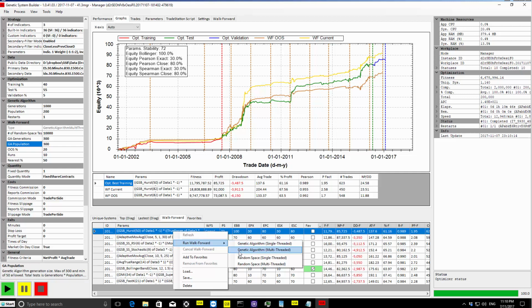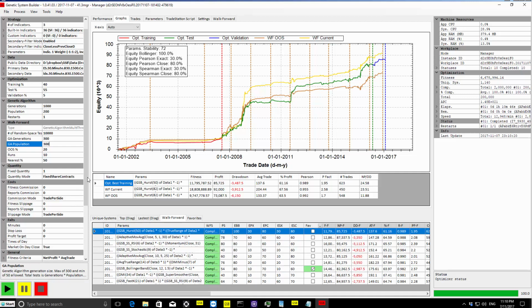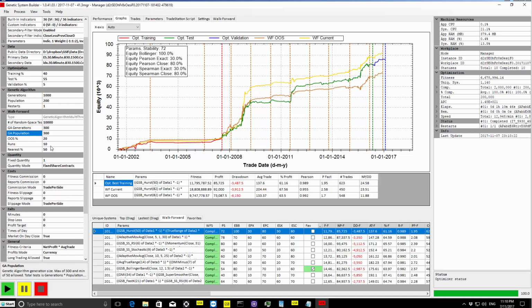The next option is also random space. What GSB does in its defaults is to optimize around the initial value within, I think, plus or minus 25% above and below the existing values. If you use random space, it will optimize over the entire value range that GSB has stored internally.